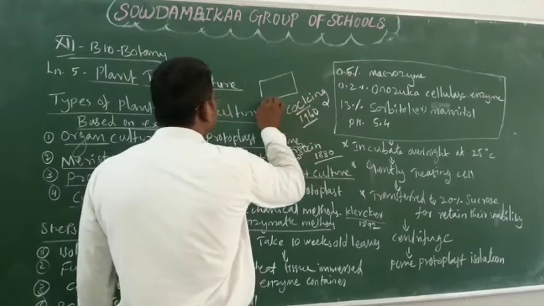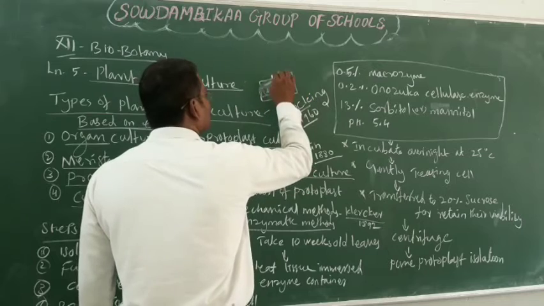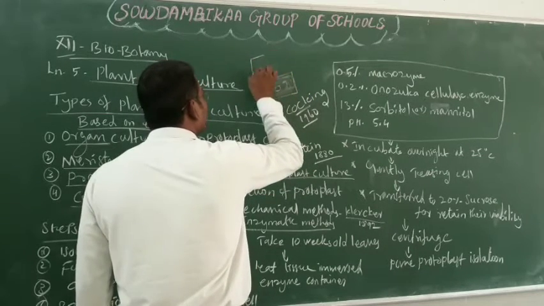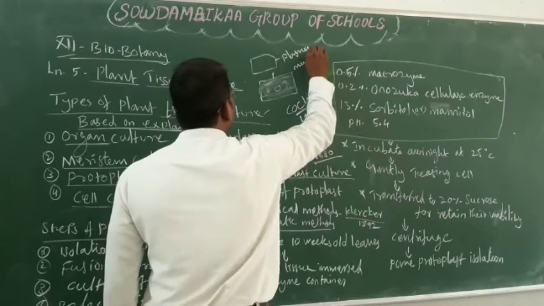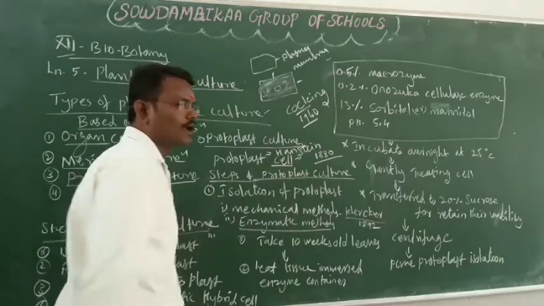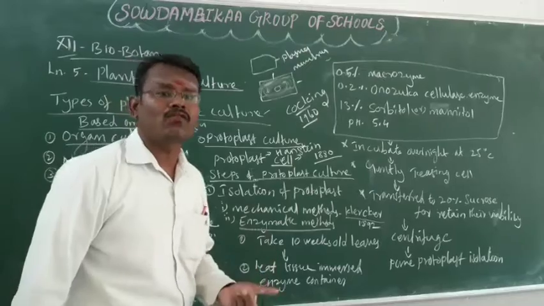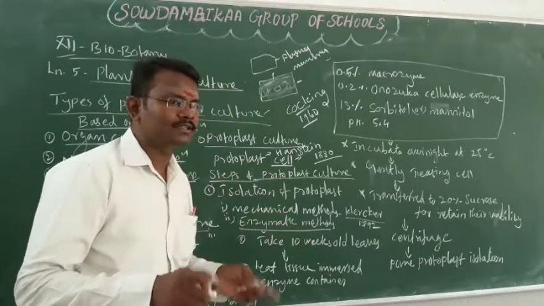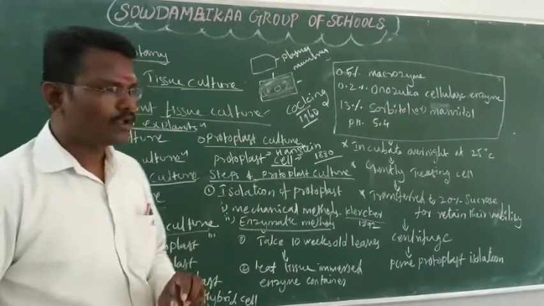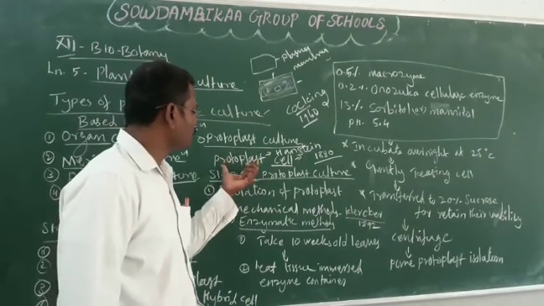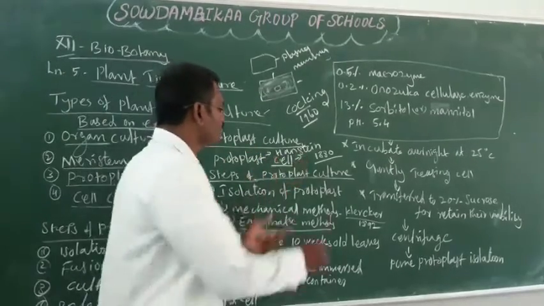You know a plant cell has cell organelles and a nucleus, but here we remove the cell wall and only the plasma membrane or cell membrane remains. Protoplast means a cell without the cell wall, found only with the cell membrane or plasma membrane. That is what we call a protoplast. The term protoplast was introduced by Einstein.